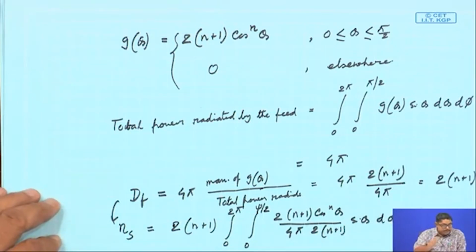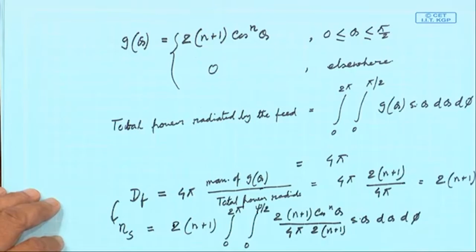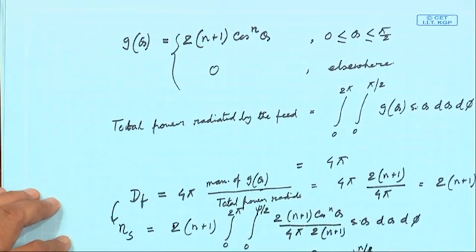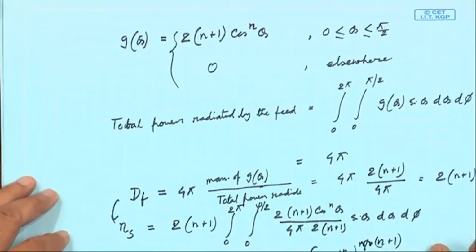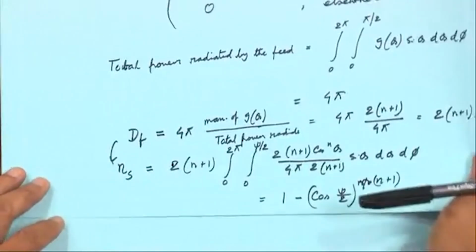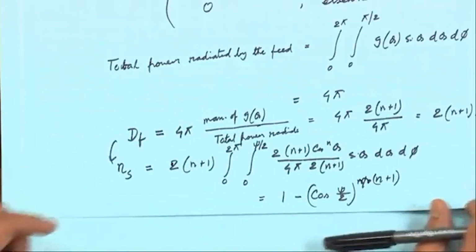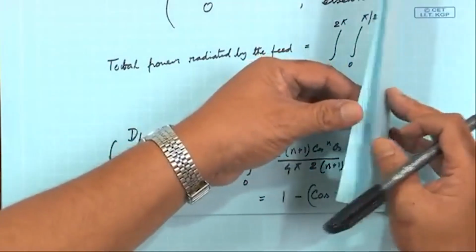This can be easily integrated, and it will become 1 minus cos psi by 2, whole to the power n plus 1. This will be the spillover efficiency.